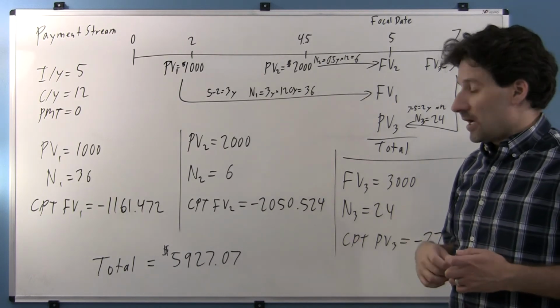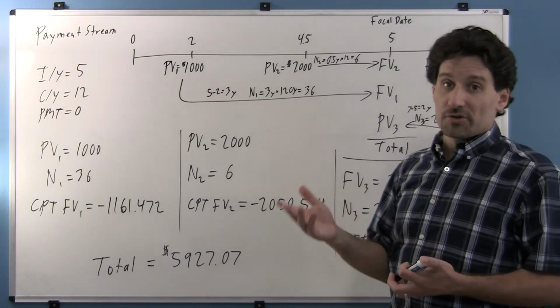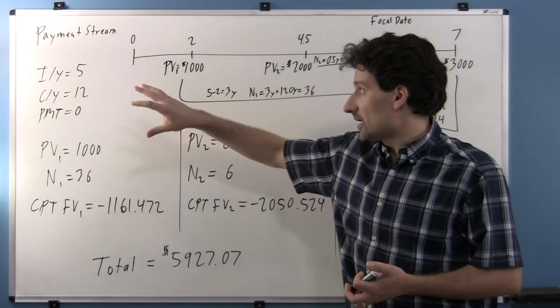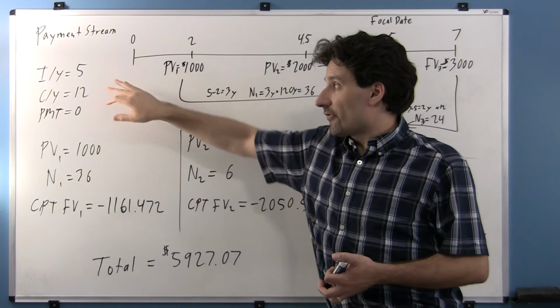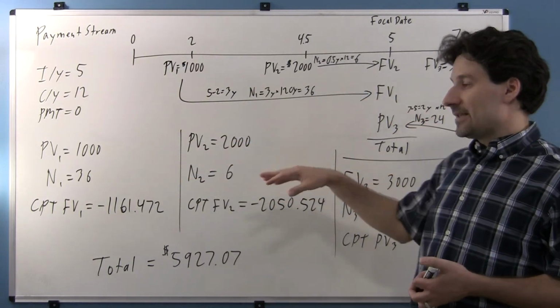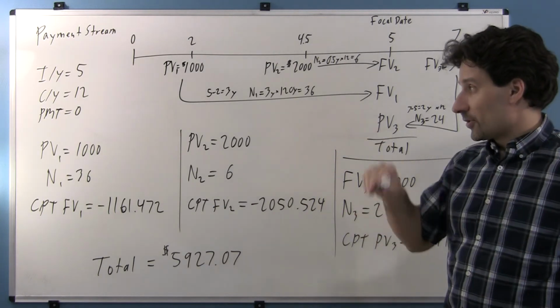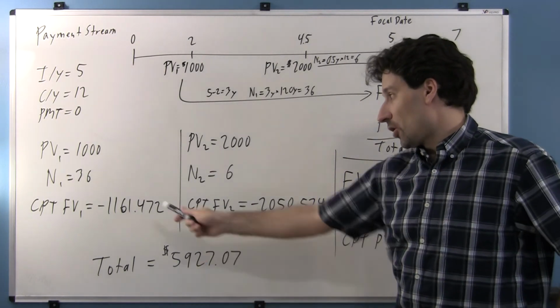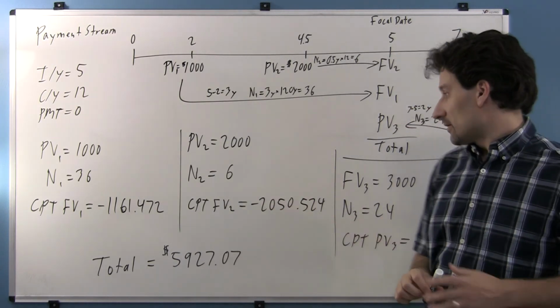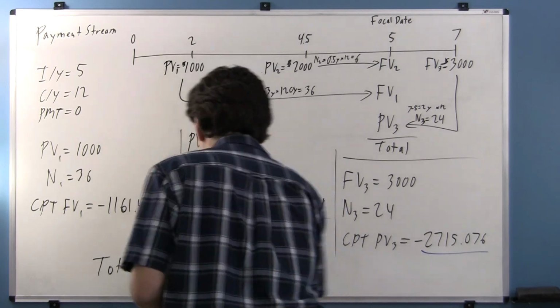Otherwise, as you'll see on the practice sheet, I have 3 rows of boxes, so you'll be filling in the same interest rate for each time, but different PVs, Ns and FVs that you'll be computing, and then the final amount is the total of the 3. Just this and this and this.